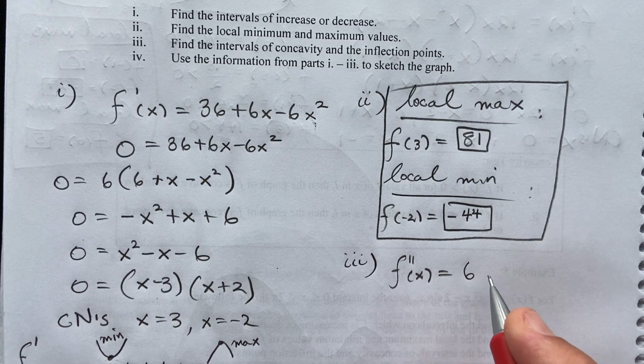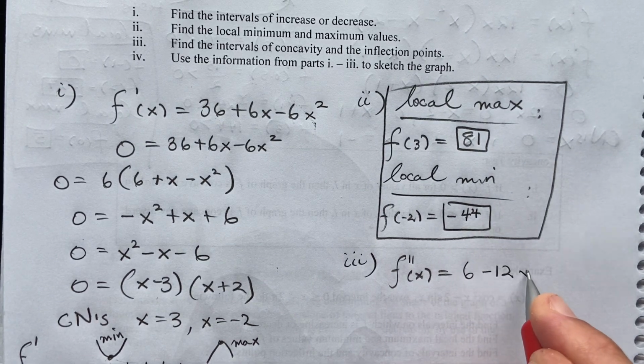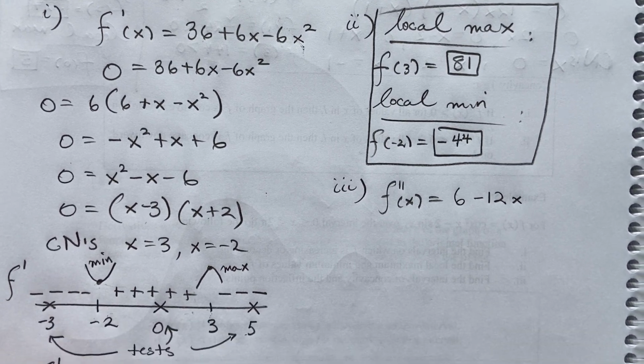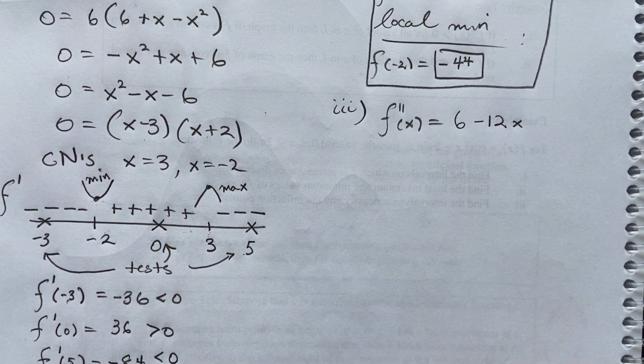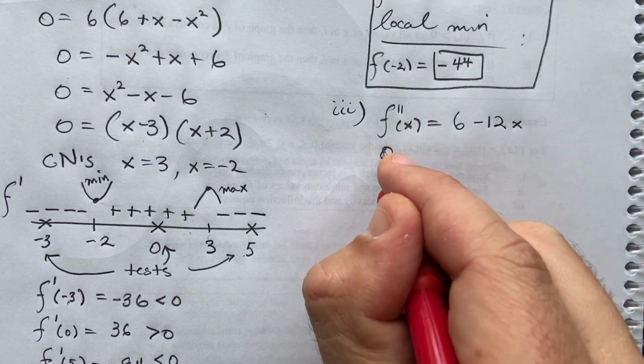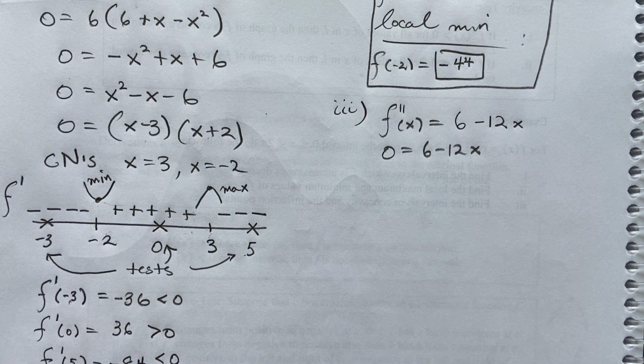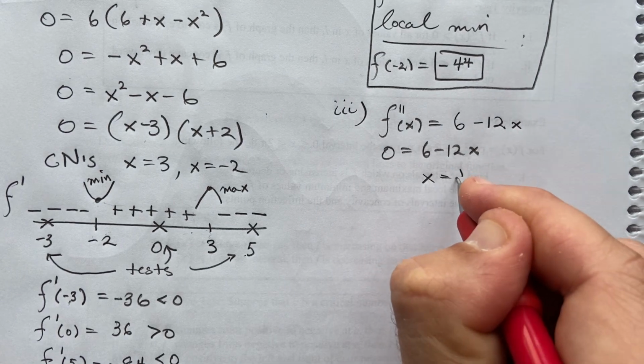So I'm getting 6 minus 12x. Set it to 0, basically find the critical numbers of the second derivative and solve. So solving that, I'm getting x equals 1/2.